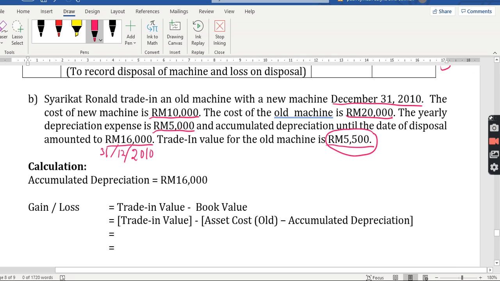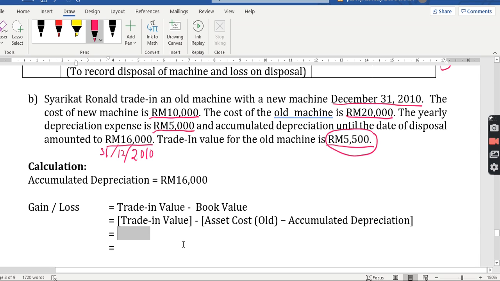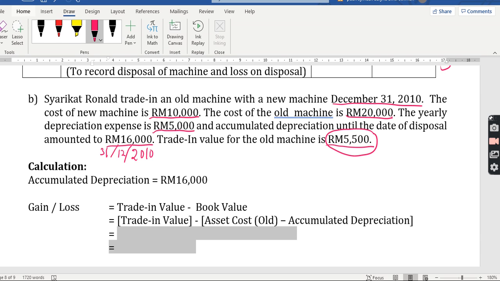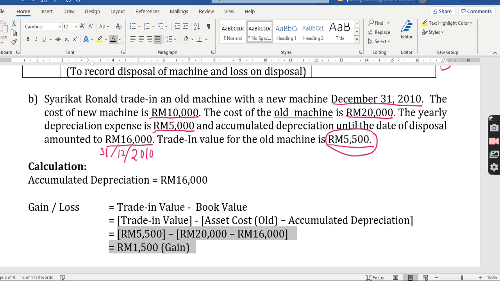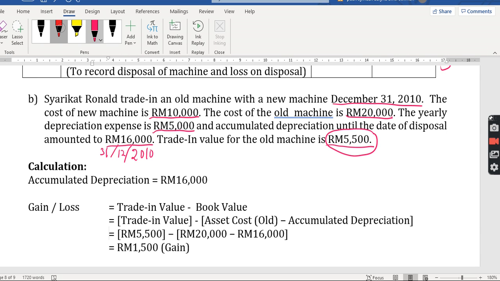My trade-in value, as you can see here, is 5,500. Okay, this is my trade-in value.